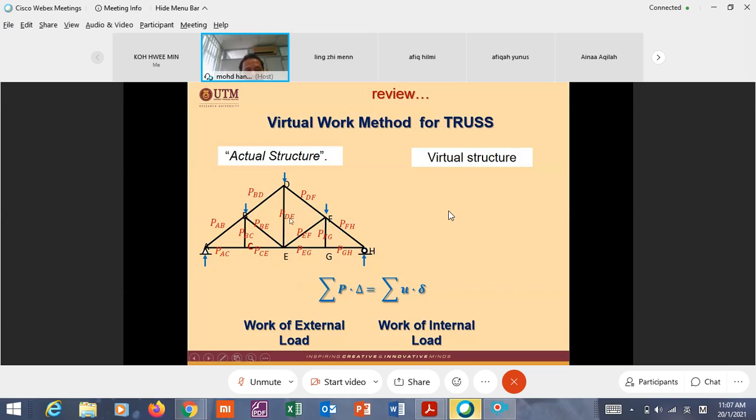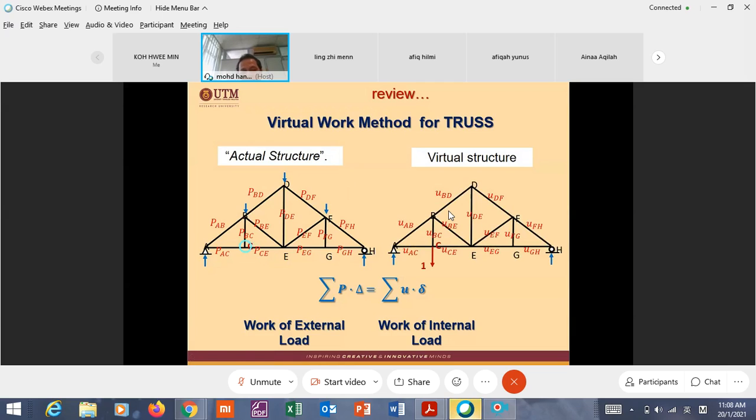This is the typical example from last week's lecture. If you want to know the deflection at point C, what you have to do is construct another virtual structure.